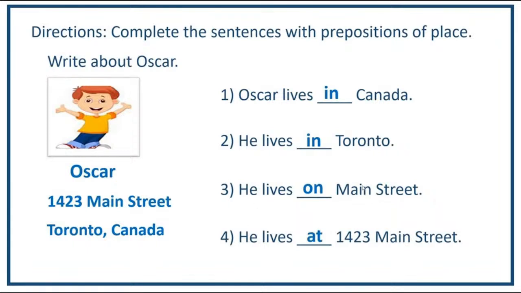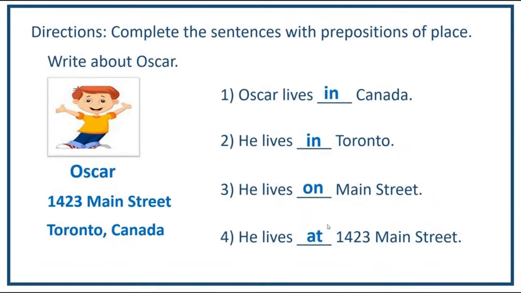So, as you can see, we have here the country, in Canada. We have here a city, Toronto City. So, we say in Toronto City or in Toronto. Here, we use on because of the street, Main Street. And here, as you can see, we have the street address, 1423 Main Street.